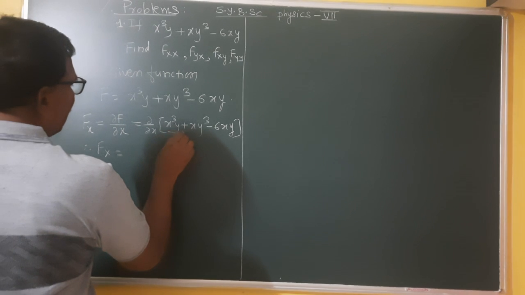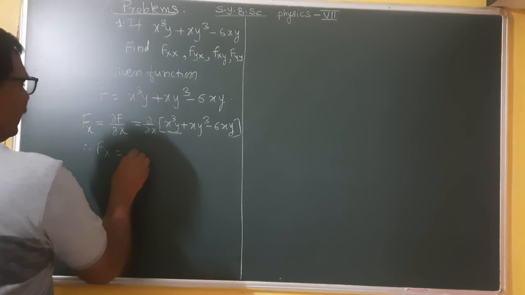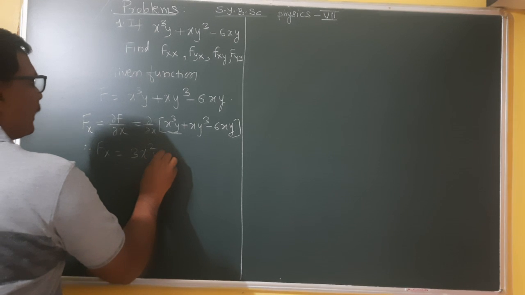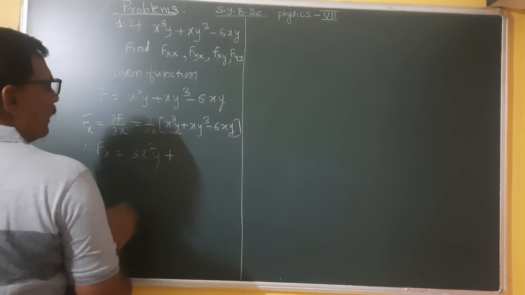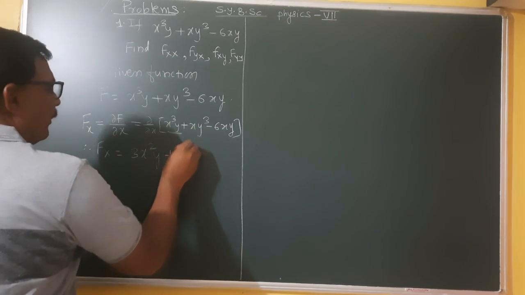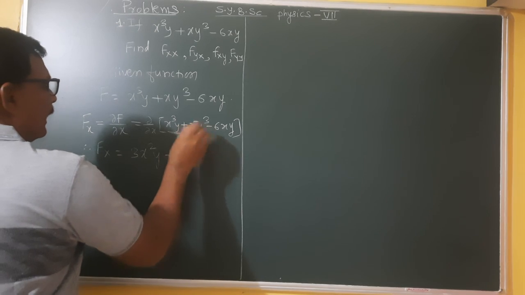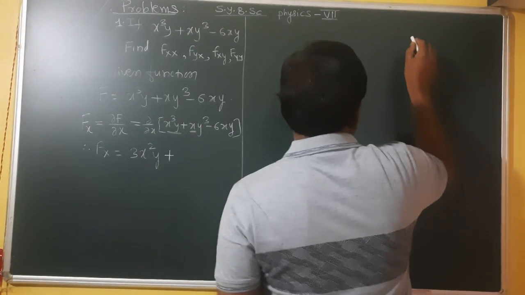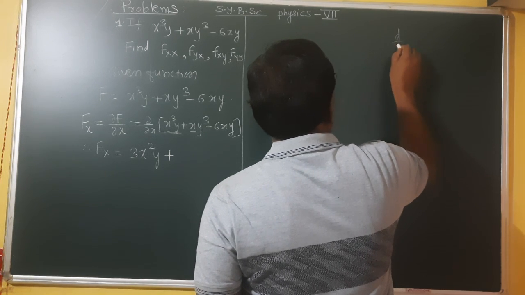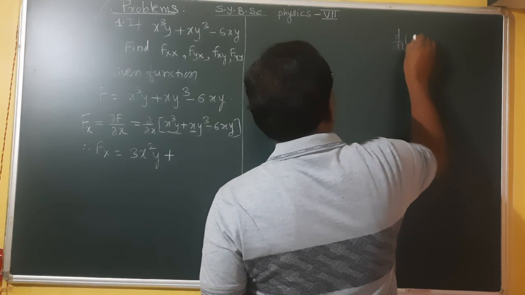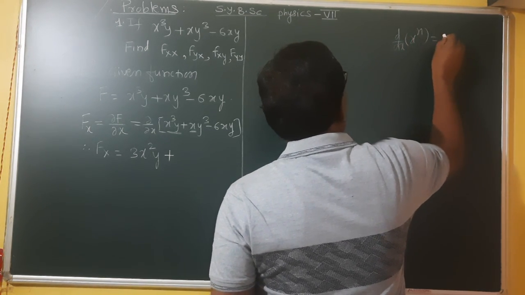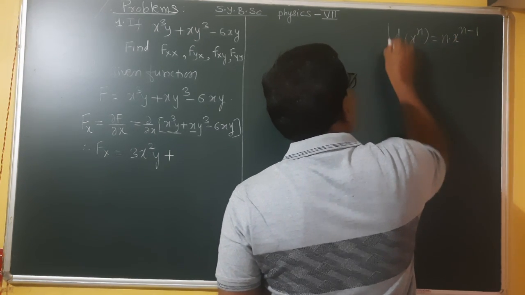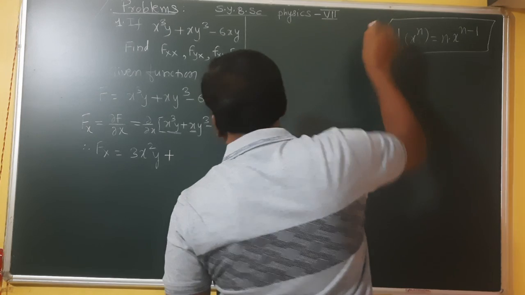Which formula do we use here? We know the formula: dou by dou x of x raised to n is equal to n into x raised to n minus 1. This is a very important formula we have to use.